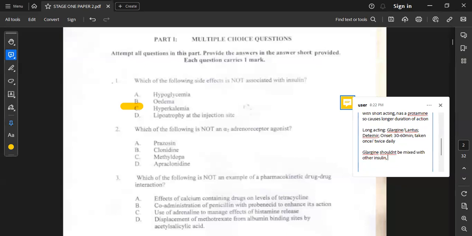The other short-acting insulins are formulated at a neutral pH, so they can't go together. I don't know if the explanation makes sense. It makes sense. Those are the short-acting insulins, such as regular, aspart, and Lispro.